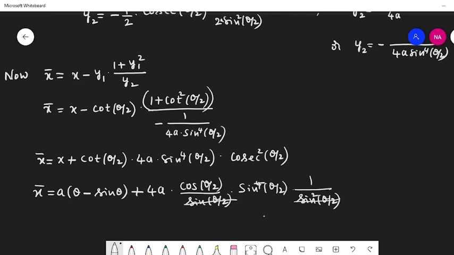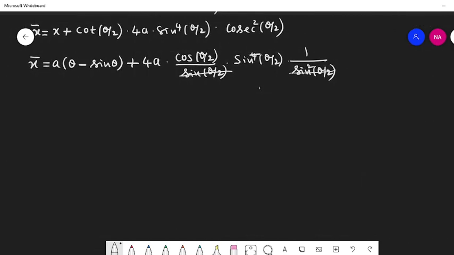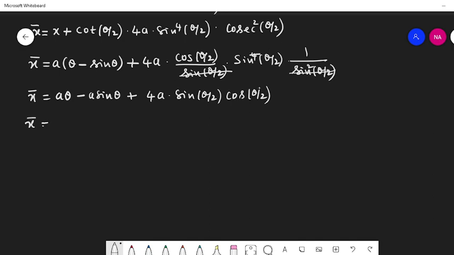So we just remain with x bar equal to, I'll multiply this a inside, a theta minus a sine theta plus here 4a sine of theta by 2 into cos of theta by 2, right? So x bar equal to a theta minus a sine theta plus, here this 4 I can write as 2a into 2.